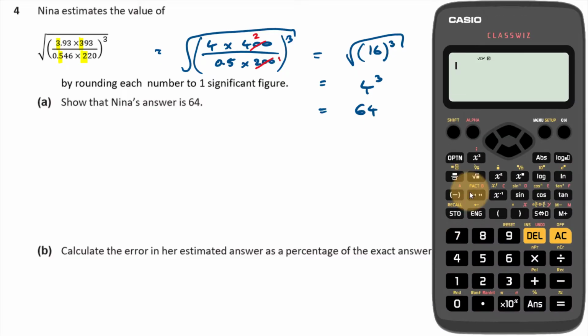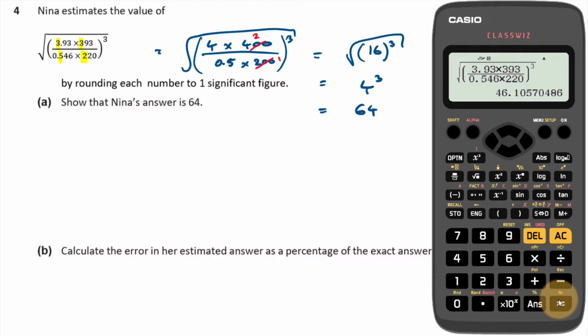So it is the root of, open bracket, fraction key, 3.93 times 393 on the top, and then on the bottom 0.546 times 220. Okay, close bracket to the power of 3. Okay, just double check, that looks good to me.